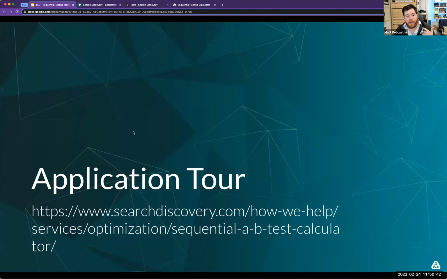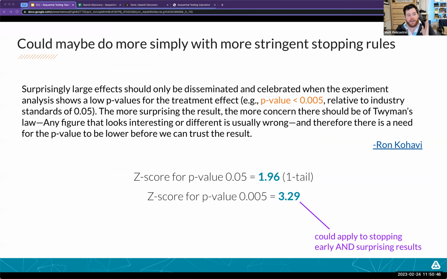Now, to wrap things up, I do want to introduce one more wrinkle, which is, could we maybe just do this more simply with more stringent stopping rules? And this is something that Ronny Kohavi, who has an amazing A/B testing and experimentation course, which I've taken, it's fantastic, well worth the money, talks about.